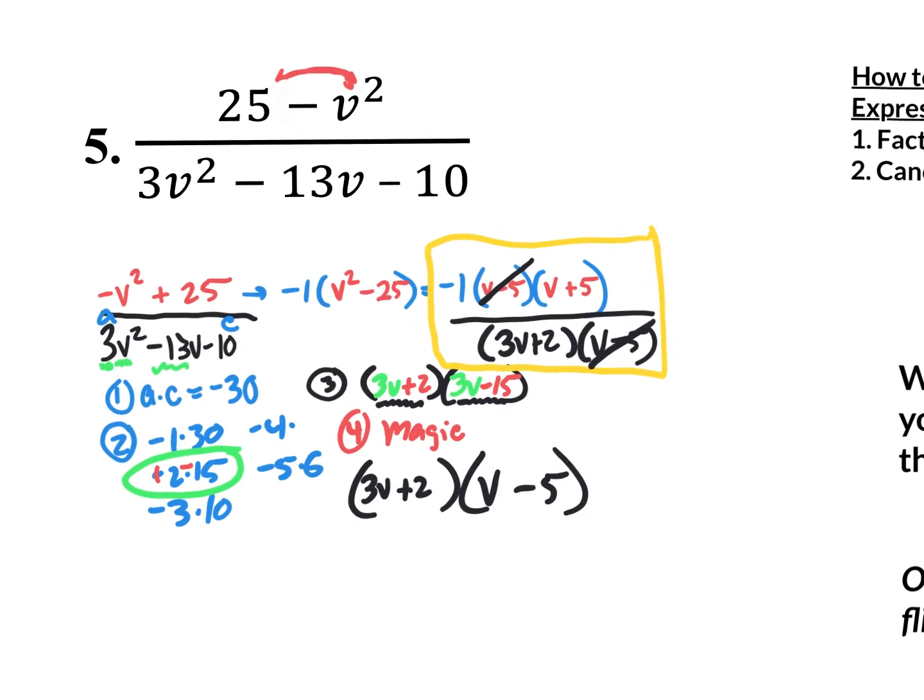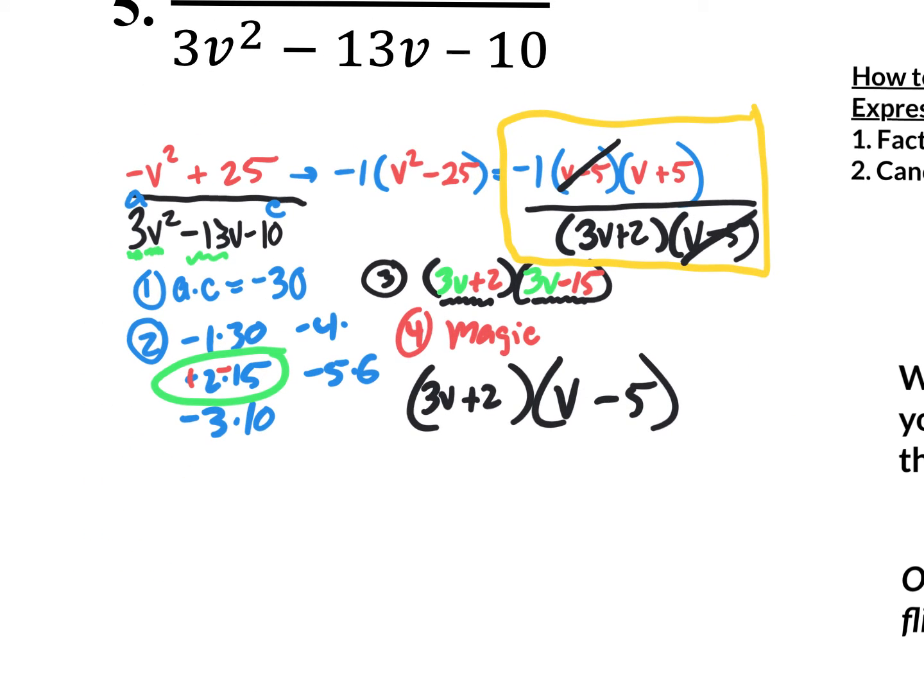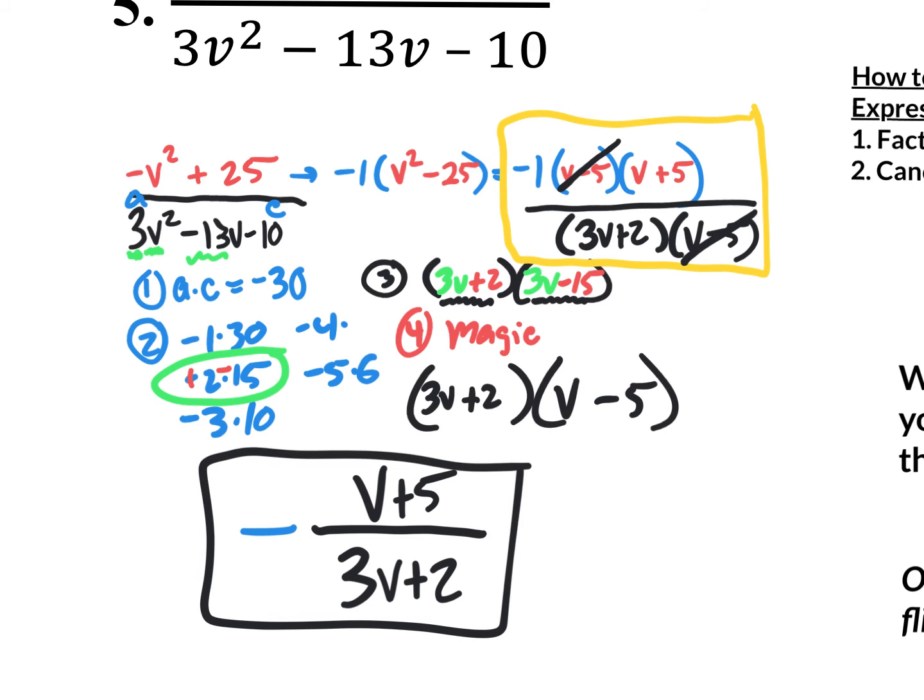So my final answer to number 5 will be fraction v plus 5 over 3v plus 2. But this negative 1, instead of distributing it, I'm just going to put the negative sign out here in front of the fraction. So there's my final answer, negative v plus 5 over 3v plus 2.